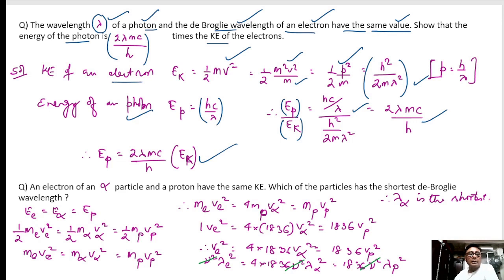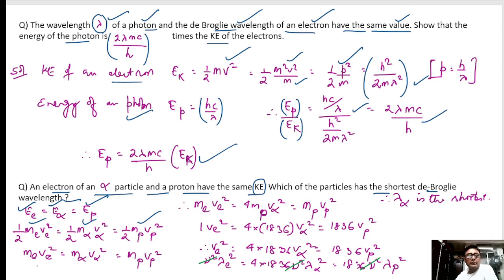Next, an electron, an alpha particle and a proton have the same kinetic energy. Which one of the particles has the shortest de Broglie wavelength? See, we know the energy of the electron, the alpha particle and the proton will all be the same.